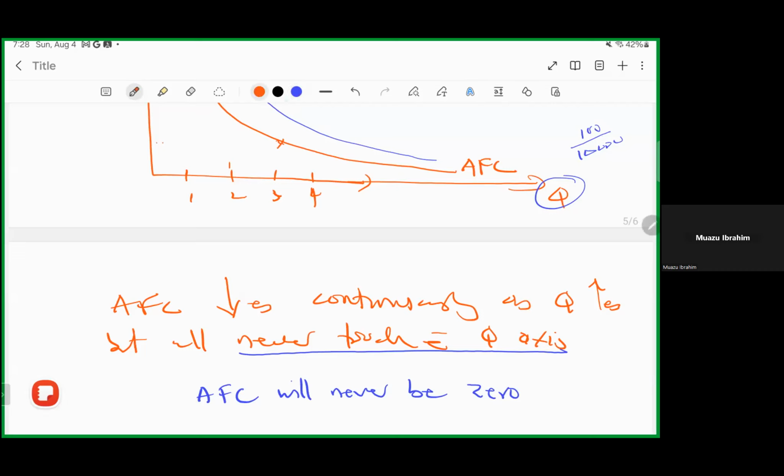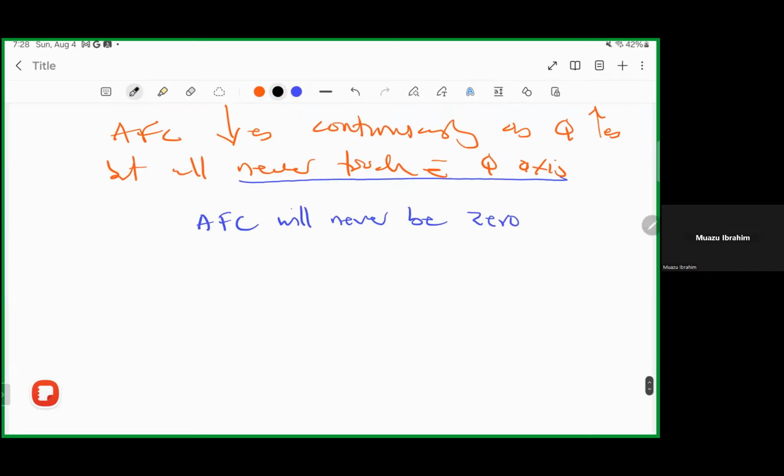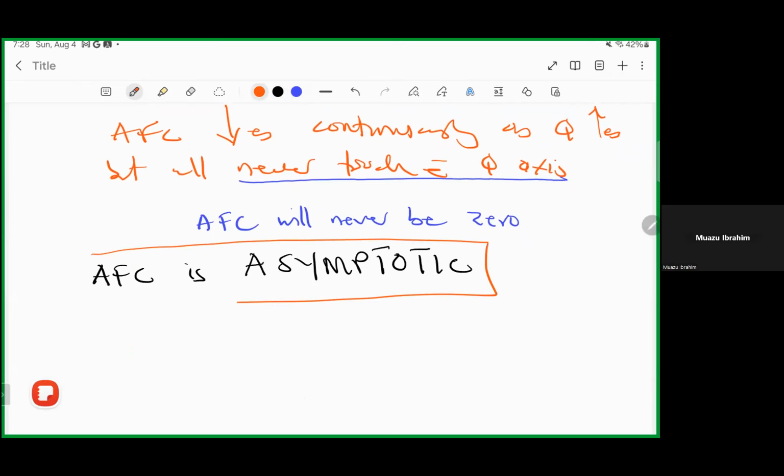So if something is behaving like this, we say average fixed cost is asymptotic. I will ask you this in the exam.